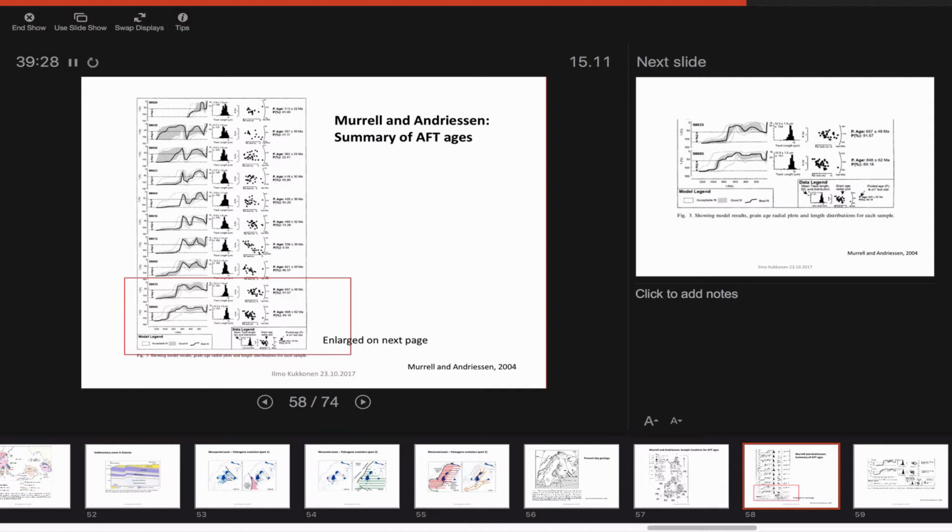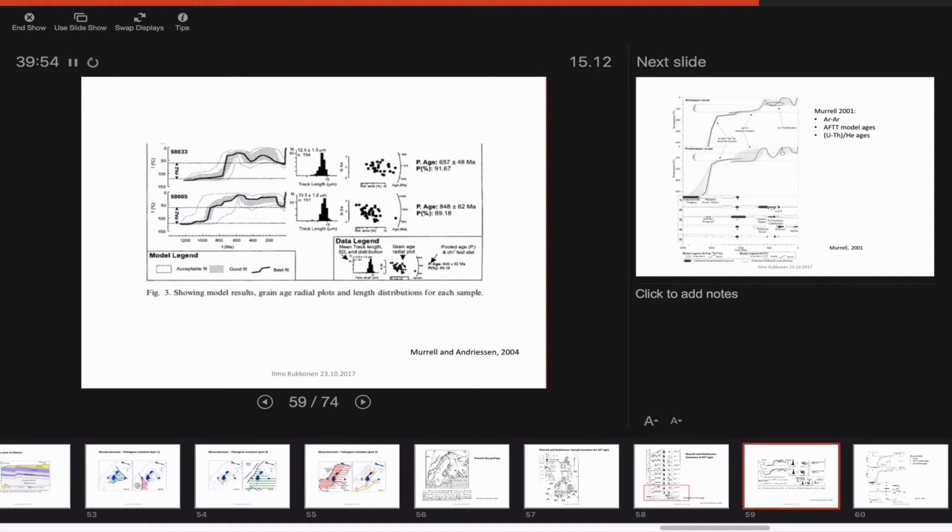There's an infinite number of different thermal histories that theoretically can provide the results you could see in the sample. Therefore, you have to map the probabilities of different solutions. And in this case, you can do Monte Carlo simulation, and this is an enlarged part of some of their results.